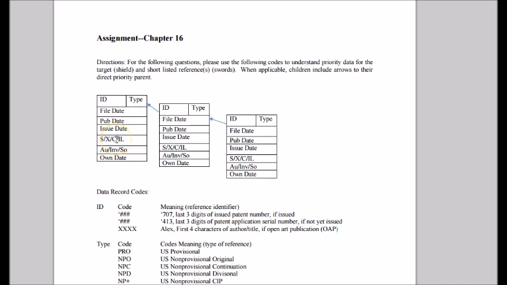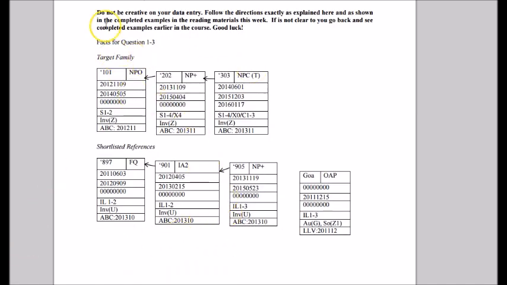That's because, as we know, under the AIA Section 102, even a canceled claim that relied on information that was filed after the AIA critical date would pull that application into the AIA territory. And so we need to know if there's any claims canceled that relied on information on or after the critical date. So then we introduce target families, which are the patent of study, and then shortlisted references.